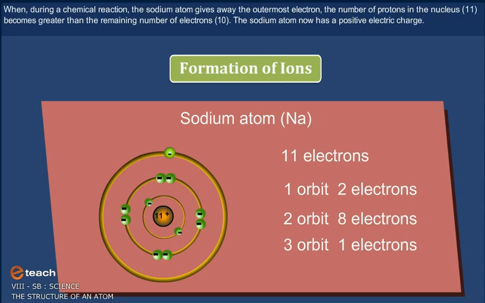When, during a chemical reaction, the sodium atom gives away the outermost electron, the number of protons in the nucleus, 11, becomes greater than the remaining number of electrons, that is 10. The sodium atom now has a positive electric charge.